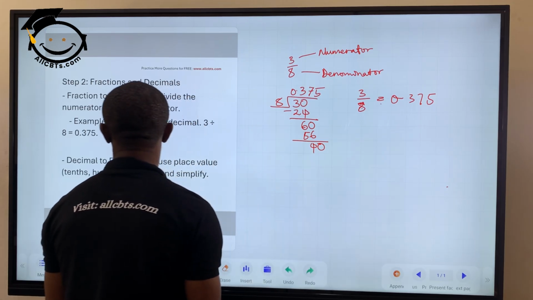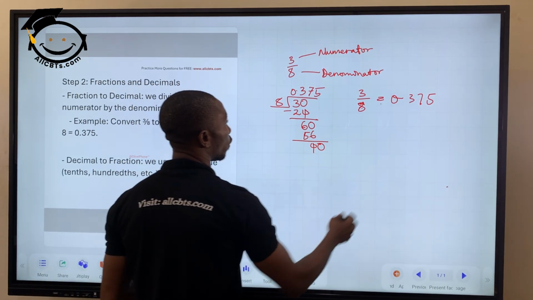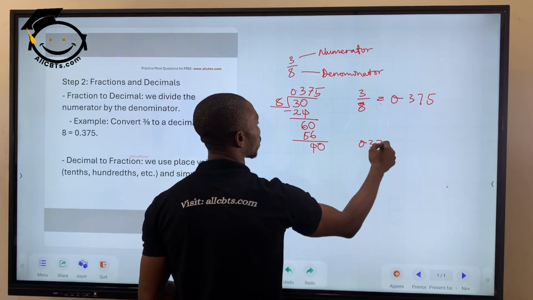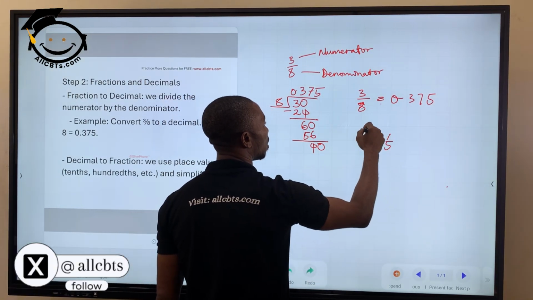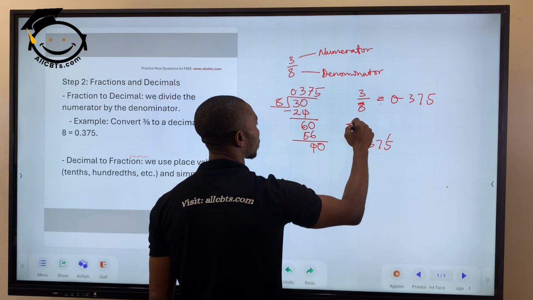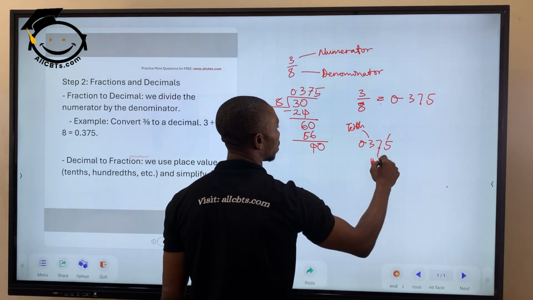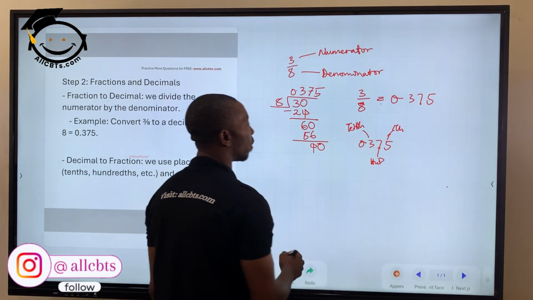Okay? We simply use the place values to divide them. So if we want to reconvert this, we have 0.375. Okay? Now we have this as a tenth. This is a hundredth, and these are thousandths. All right.